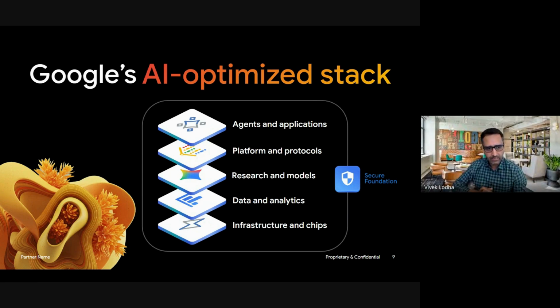Unlike other hyperscalers, which often assemble third-party components, Google Cloud offers a first-party cohesive ecosystem for your needs. I would not go into all of these buckets, but highlighting some of them. The first one is custom silicon TPUs. Our TPUs are built for AI, offering superior performance per dollar compared to GPUs.